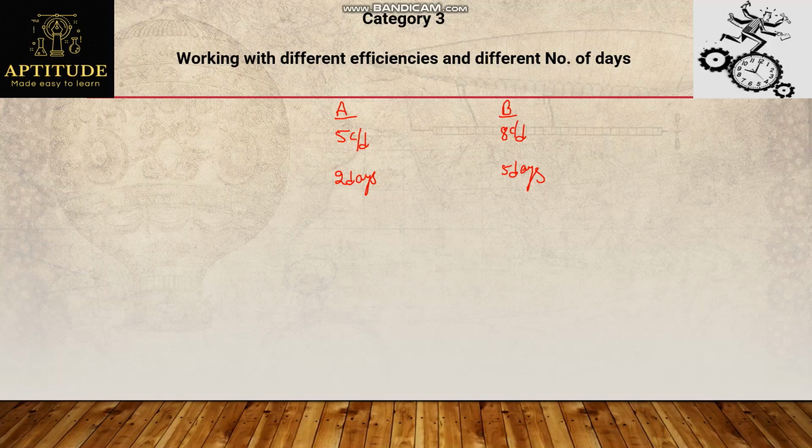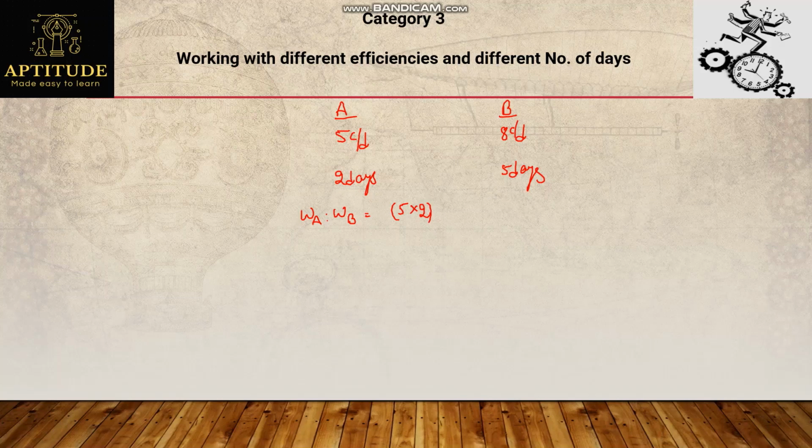Then obviously here I need to consider the product of days and efficiency in order to find the work ratio. So work done by A to work done by B, I need to find out. Work done by A is nothing but 5 into 2. So 5 chocolates per day and he worked for 2 days.